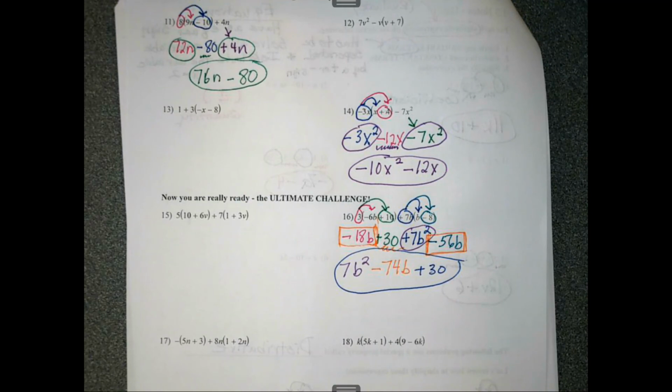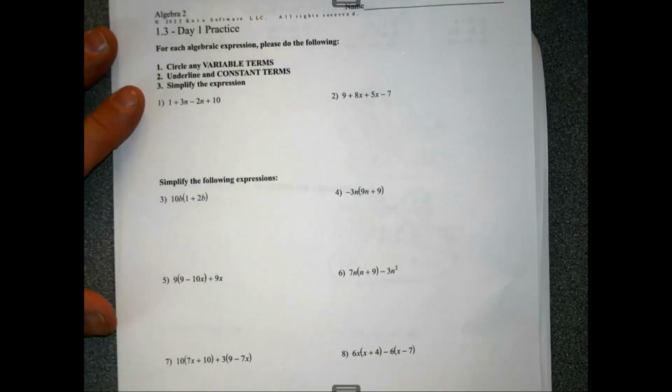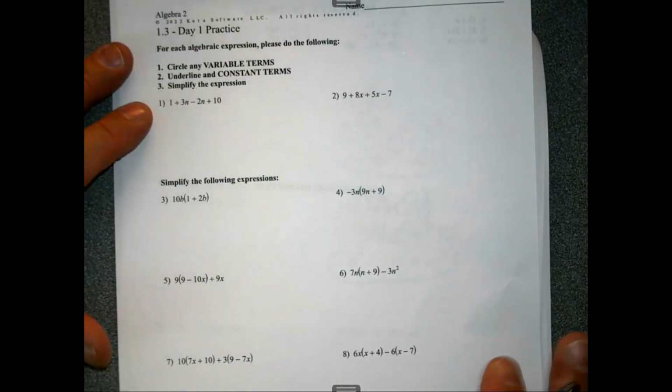So you've got your little homework sheet there, your practice worksheet. You only have 10 problems. I didn't give you a whole lot of time to work on it. However, I try to give you as many answer keys as possible.